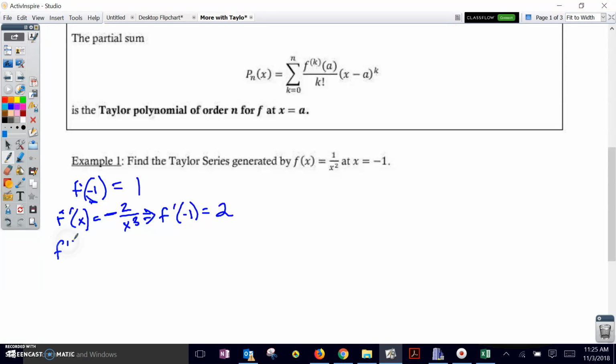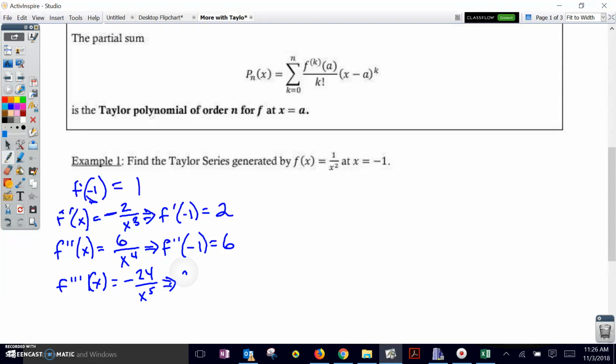And then the second derivative of the function is going to be 6 over x to the fourth, and so f double prime of negative 1 is just going to be 6. And let's do another one. F triple prime of x is negative 24 over x to the fifth, which leads to f triple prime at negative 1 being equal to 24.